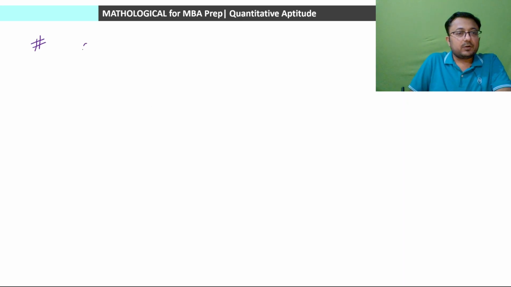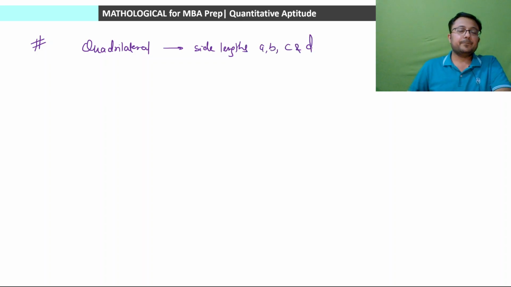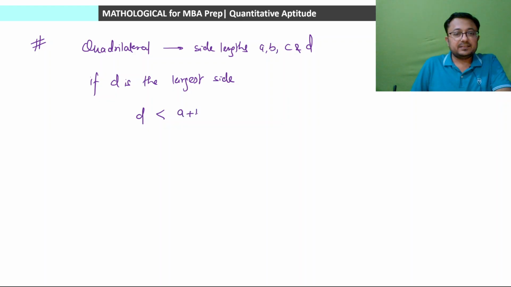Let us say there is a quadrilateral with side lengths ABCD, ABC and D. So if D is the largest side of the quadrilateral, in that case largest side should be less than sum of all the other sides.